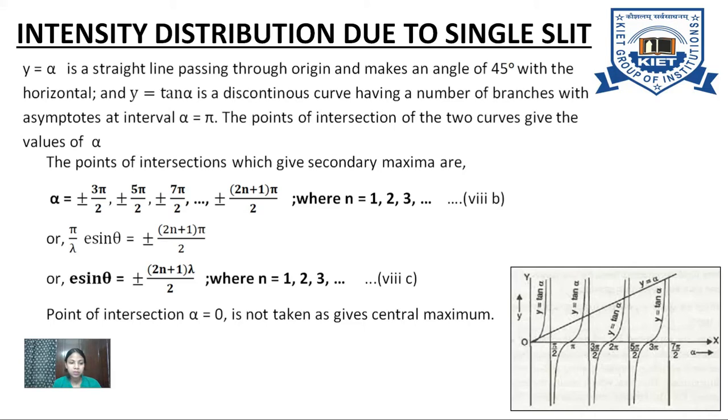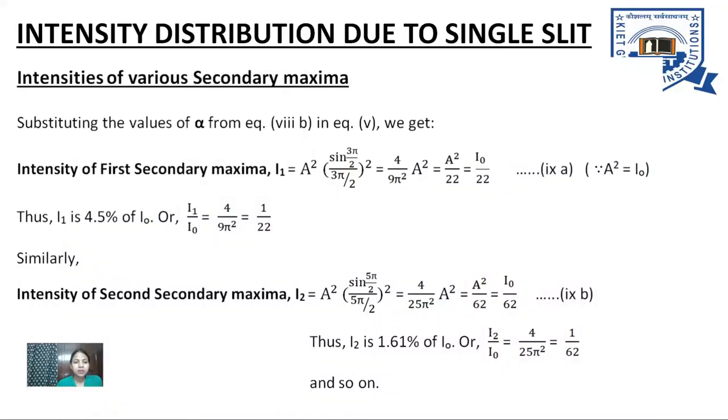The point of intersection alpha equals 0 is not taken because that is the condition of central or principal maximum. Now we can find out the intensities of various secondary maxima simply by substituting the value of alpha for secondary maxima that we just obtained in equation 5.